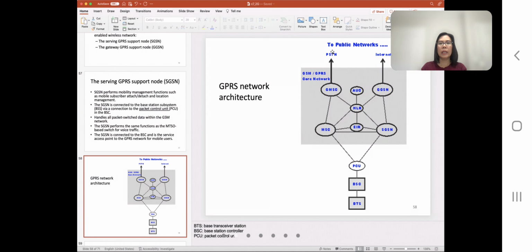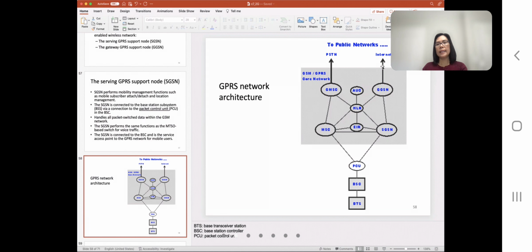The left is the voice component. We have a mobile switching center here, and then the gateway mobile switching center. The gateway MSC is connected to the public switched telephone network. This part handles voice phone calls.